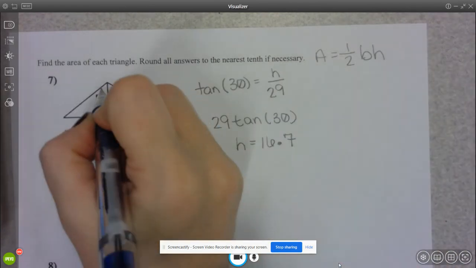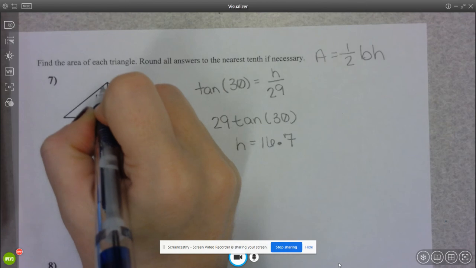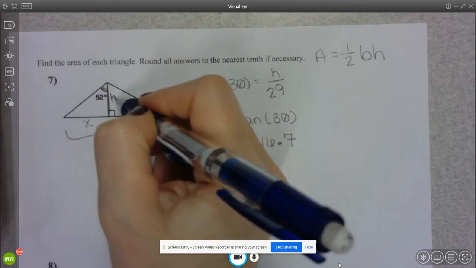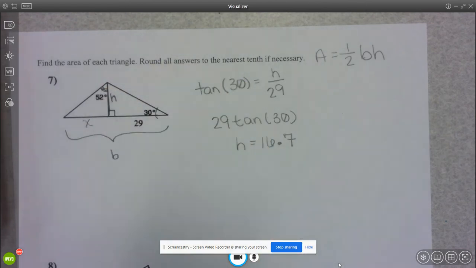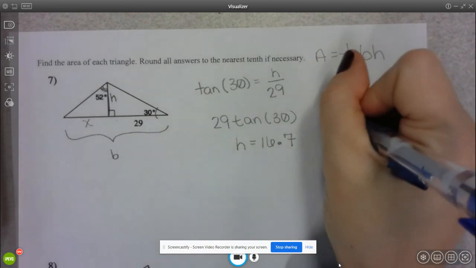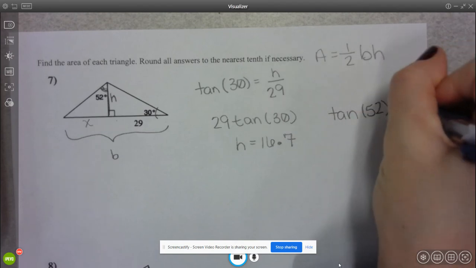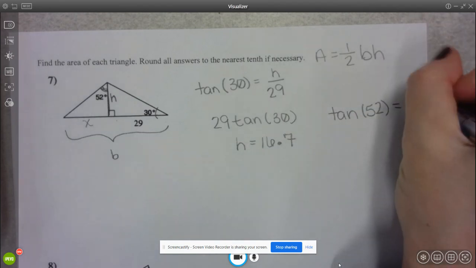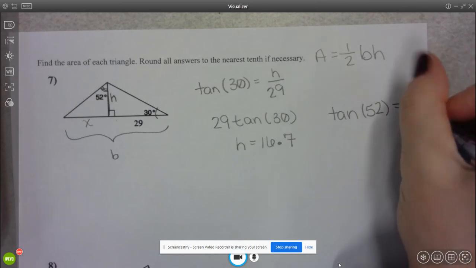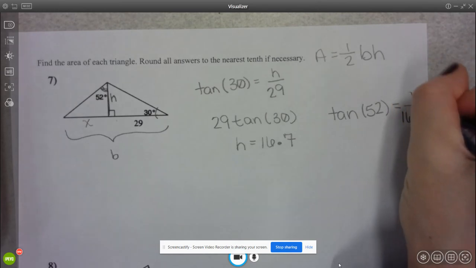The 52 is this angle up here at the top. So I've got adjacent and opposite. So again, I've got tangent. So opposite is x, adjacent is h, so 16.7.